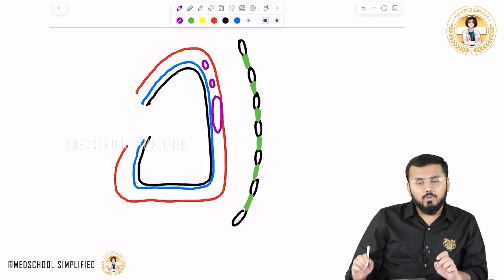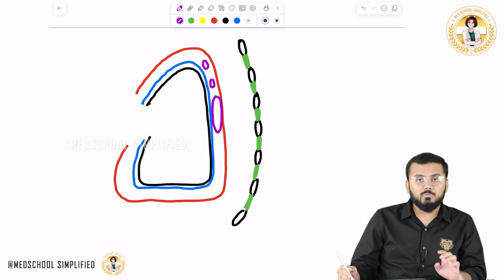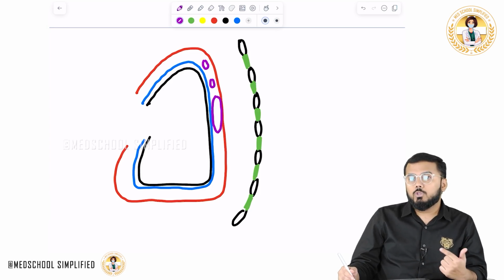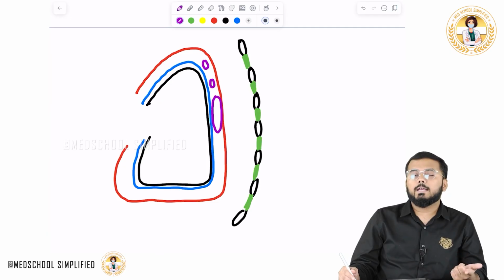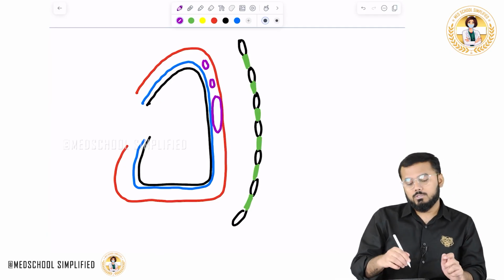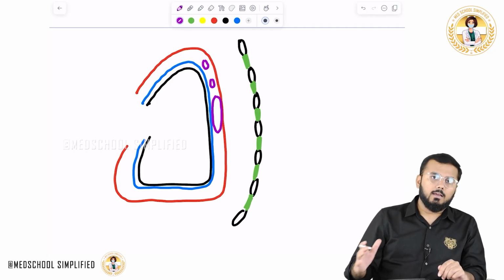In the next step, this bullae will rupture. Because of this, the pneumothorax which develops is called spontaneous pneumothorax. The bullae keep compressing the lung.